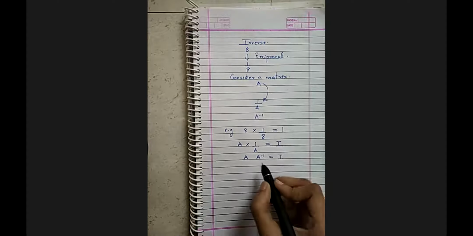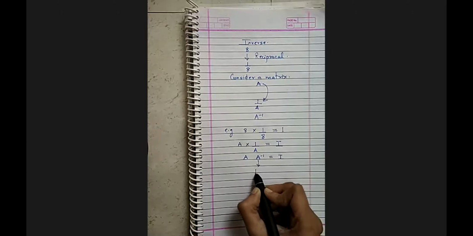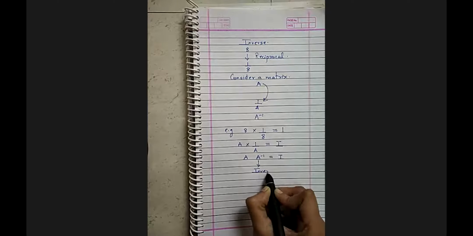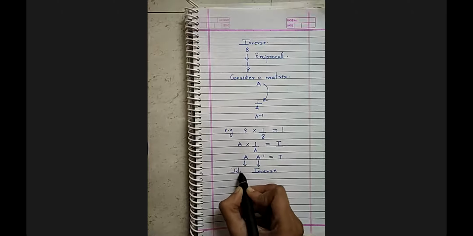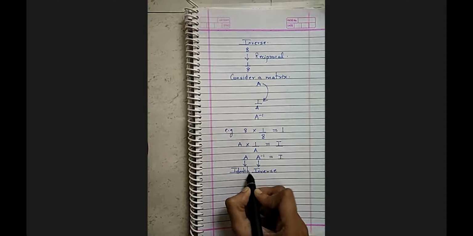That means to get an inverse, I have to convert the given matrix into identity. I'll explain this whole concept to you all.